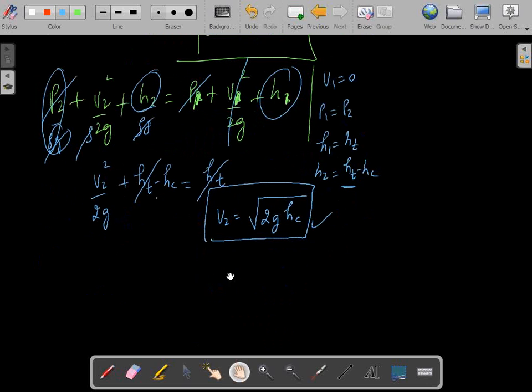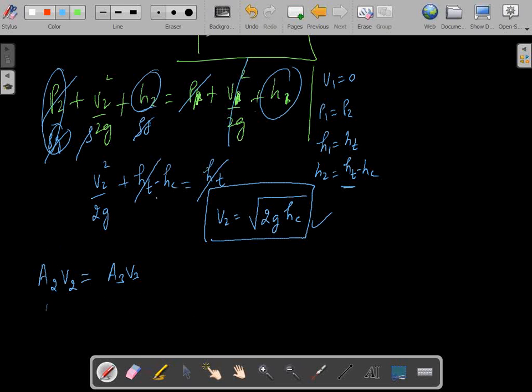If you apply continuity principle, okay, between the sprue sections 2 and 3. 2 is sprue top, 3 is sprue bottom. So it will be A2 V2 is equal to A3 V3, because the flow should not be disrupted when it is flowing through the sprue. Okay.